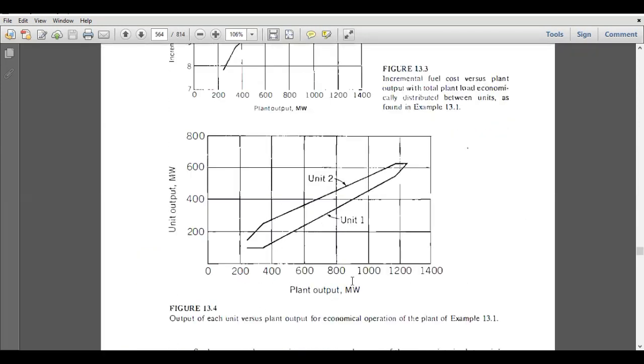Here we have PGT, and this is PG1, which is the load of the first unit, and this is the load of the second unit, which is slightly higher than the load on the first unit. And at the loading of 1250 megawatt, both PG1 and PG2 are equal to 625.